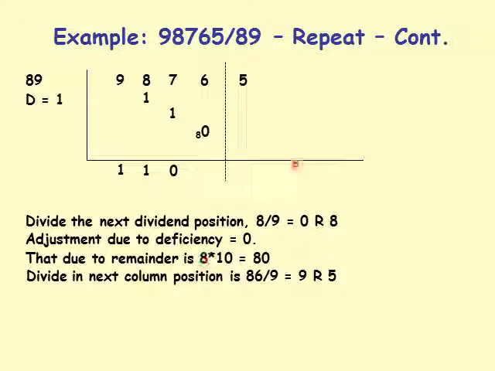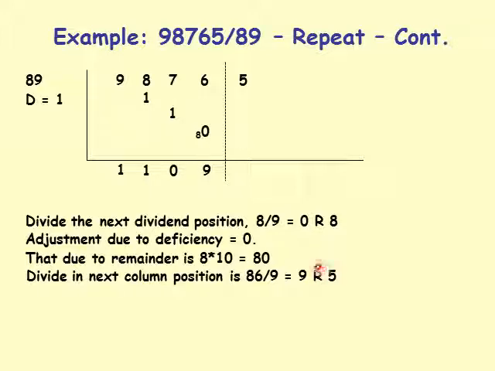86 divided by 9 is 9 remainder 5. Okay. So now there are adjustments due to the 9, which is 9 times 1 because of deficiency, and also because of the remainder. Remainder is proportional. Proportionality is 5. 5 times 10 is 50.